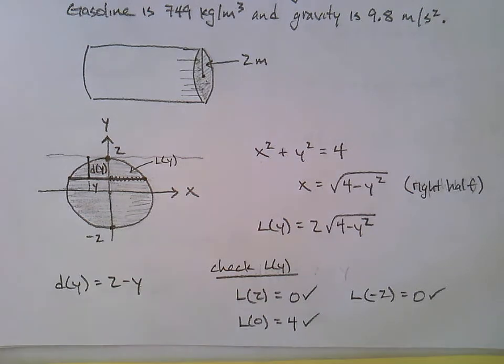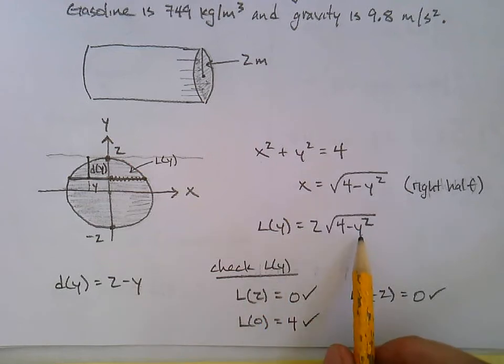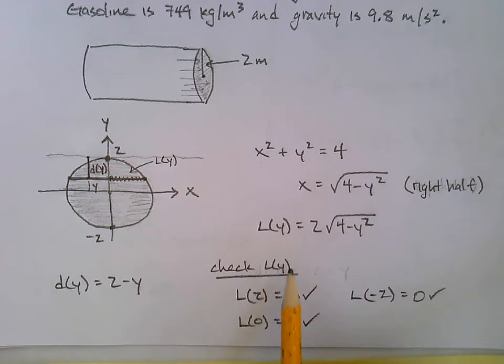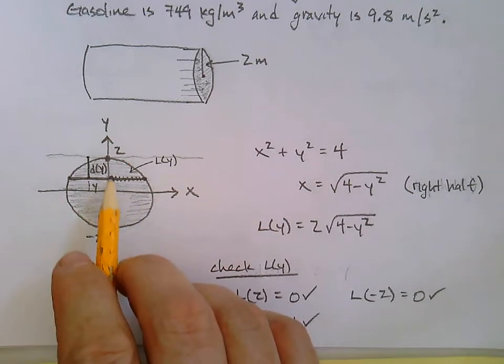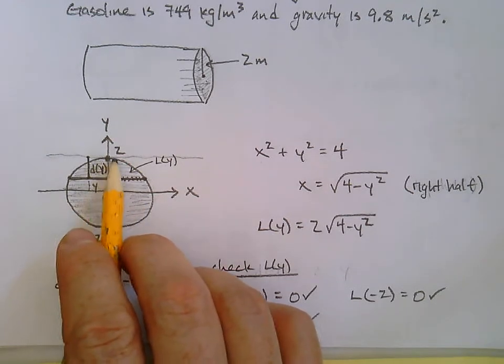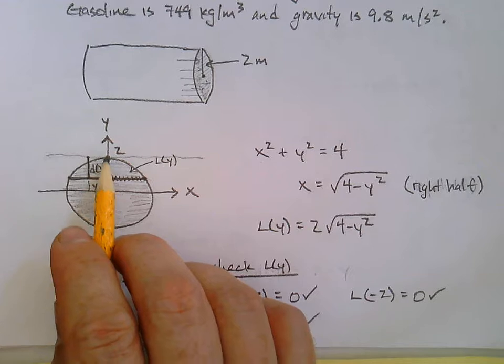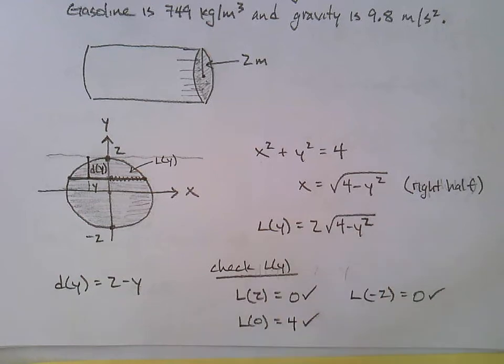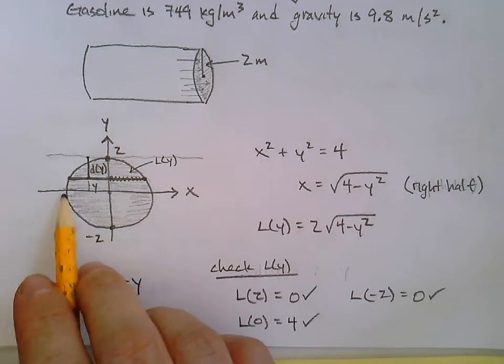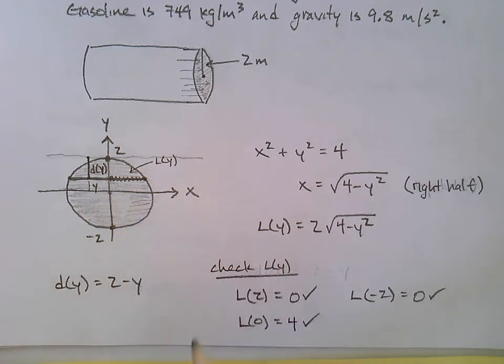That's helpful, and we can check L of y in the same way. Those three positions make sense here. At 2, if you're at the very top, what is the length? The length is 0, right? If you plug in 2, do you really get 0? Yeah, 4 minus 4. If you're on the x-axis, what is the length?